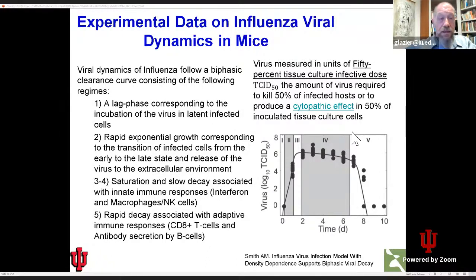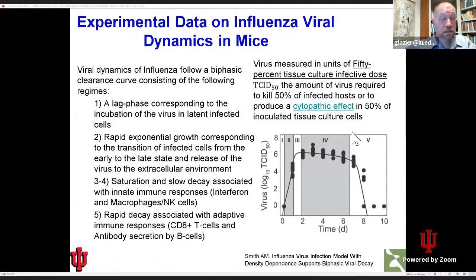And so the result of that is that people tend to make measurements of viral load only infrequently, typically once per day or less in humans. And the estimates of the viral load are given in this funny unit, TCID50, which is the dose that's required to get half of the cells or half of the cultures to die.